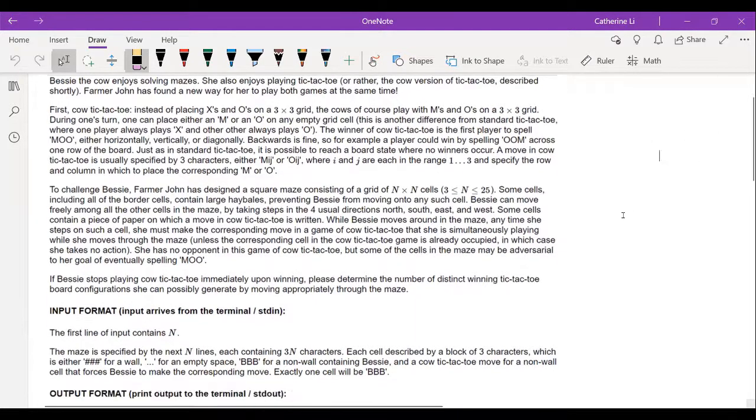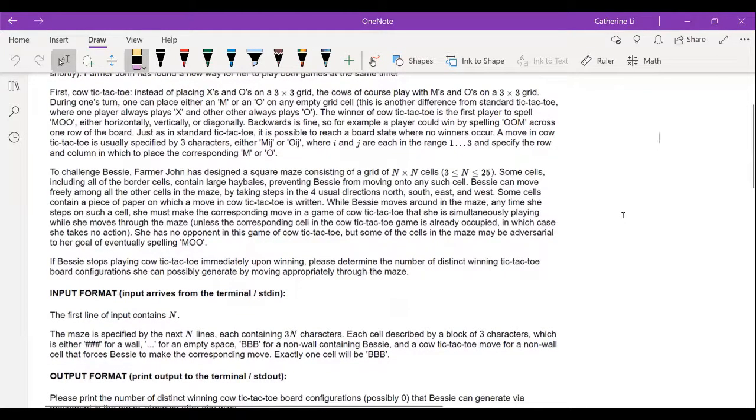Bessie is playing this game, and it's like tic-tac-toe, but not really. She can put M's and O's on a 3x3 grid. And when you spell MOO horizontally, vertically, or diagonally, then you win.